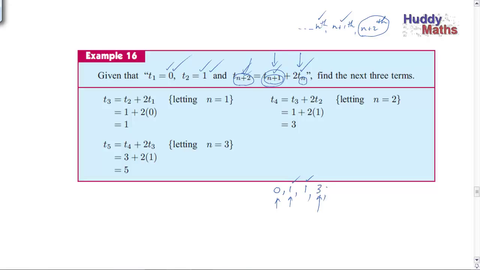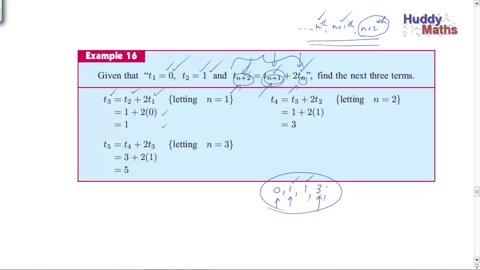So you can do it that way, or you can mechanically substitute in, put n is 1 in there, you get T3, is T2 plus 2 times T1, and substitute the numbers in. I would like you to get up close and personal, again I'm pushing this a bit, with the formula and being able to read what this means. That is, looking at the actual relationship in numbers along a sequence in positions and what you do to them to get the next one.